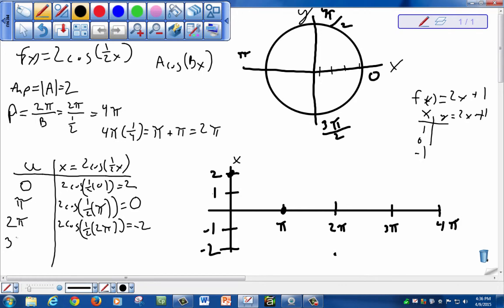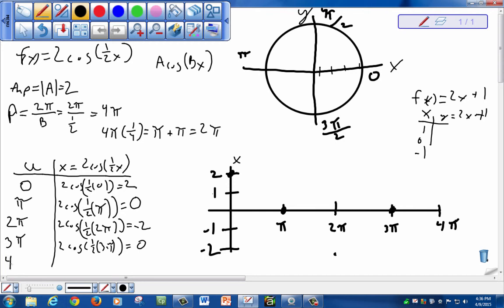We'll do the same for 3 pi. I'm just going to put 0, and if you're interested in seeing why we come to 0, I challenge you to go ahead and do the arithmetic. For this instance, I'm just going to say it's 0, so it's going to be 0 on the graph.